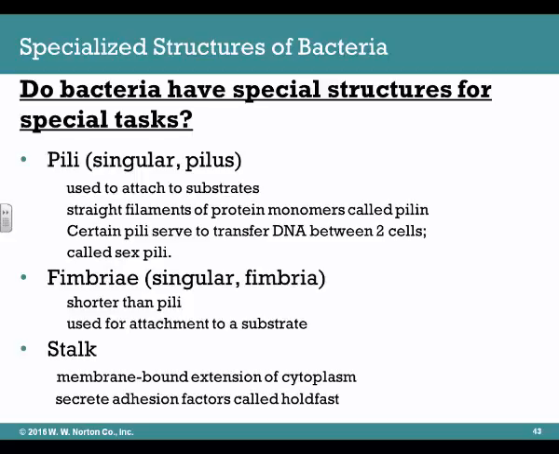There are a few examples here that I give on this slide. One is pili, which is the plural version of pilus. These are appendages that are short. They're protruding from the surface of the bacterium, and they're used for attachments.